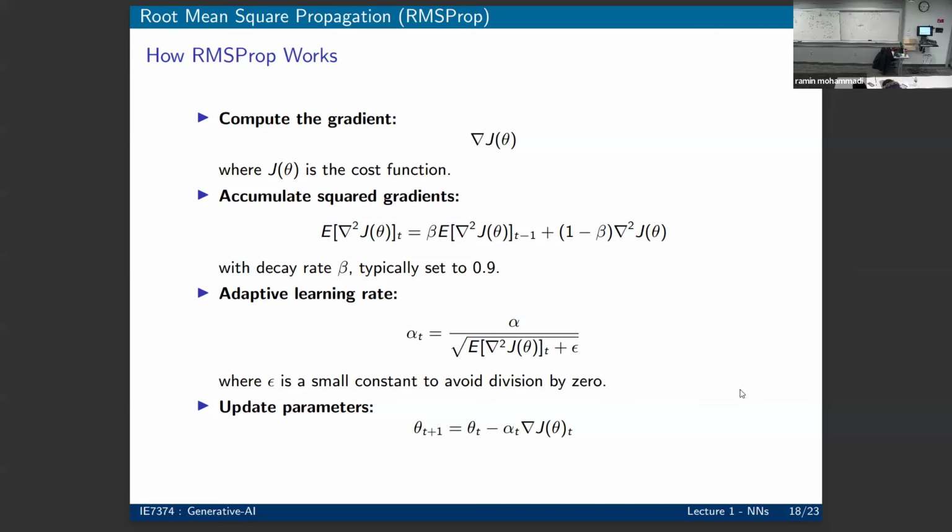Then you take your initial learning rate, divided by this value plus some epsilon to avoid dividing by 0, and that becomes your updated learning rate. You use that learning rate and the actual gradient to update the weights.